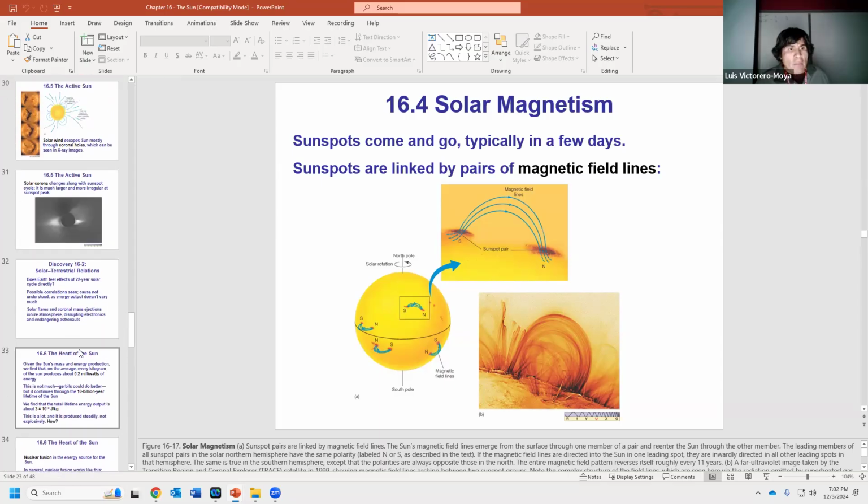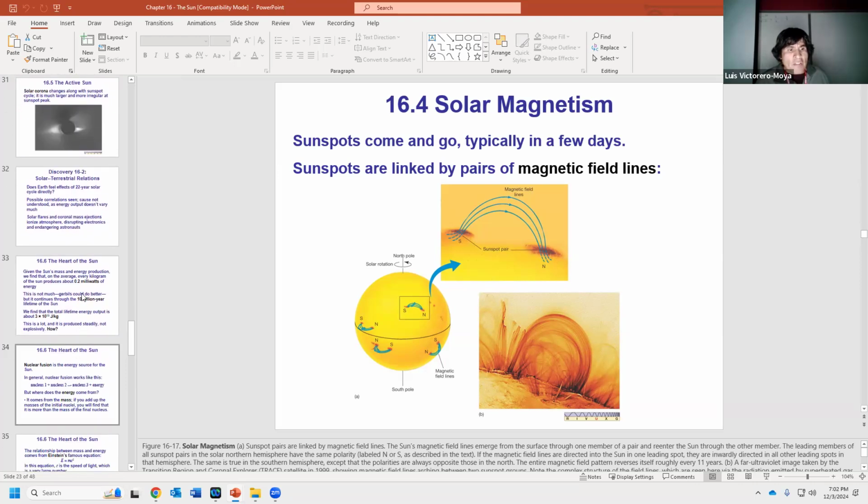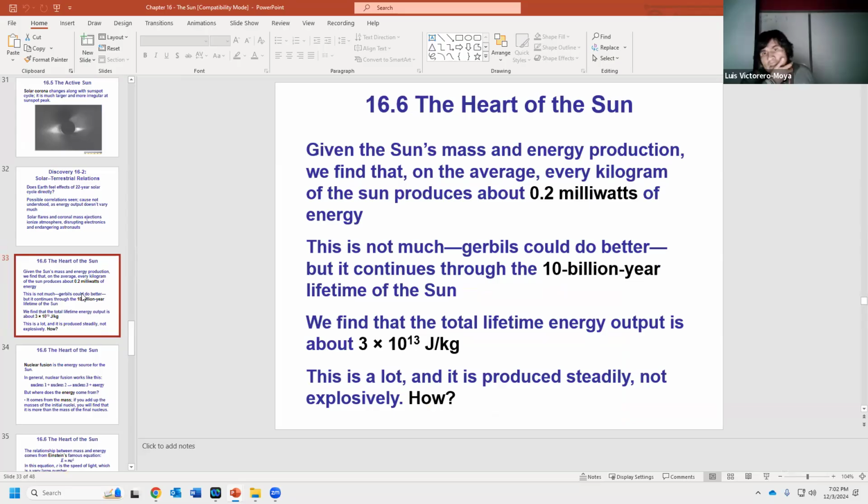Okay, I talked about the production or the activity of the sun, right? So the heart of the sun is the core, which has a lifetime output of 3 times 10 to the 13 joules per kilogram, right?